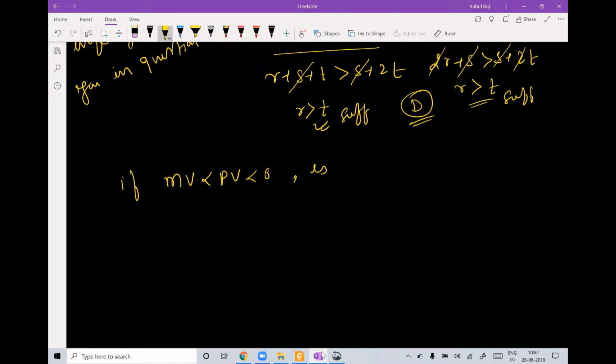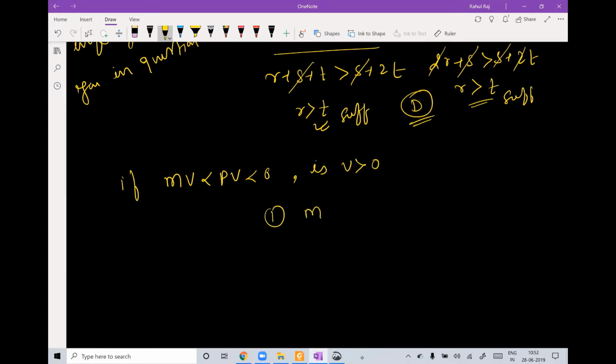The question is asking: is V greater than zero? Option number one says M is less than P. Option number two says M is less than zero. So this is sufficient, right? Yes, because MV is less than zero, and if M is negative, V has to be positive.